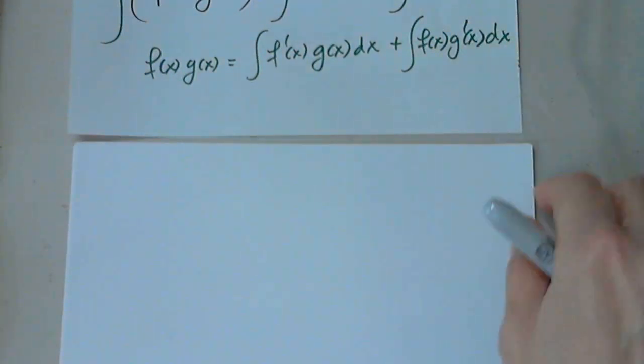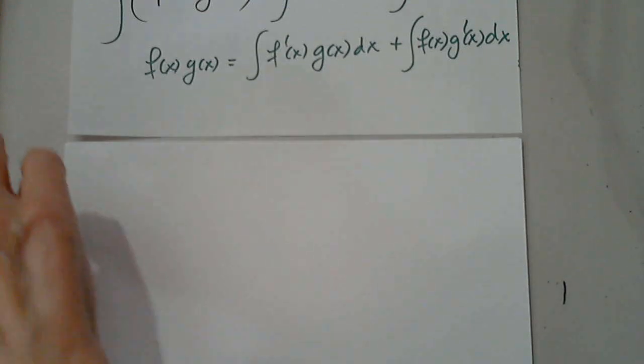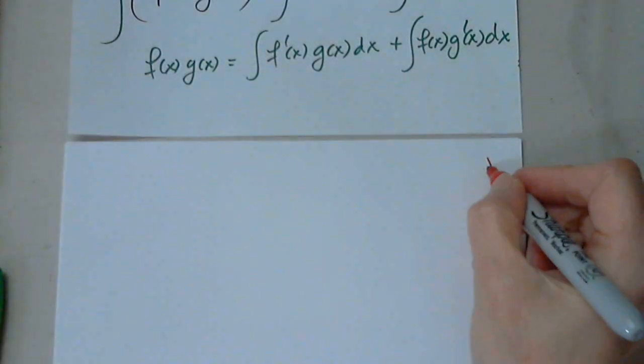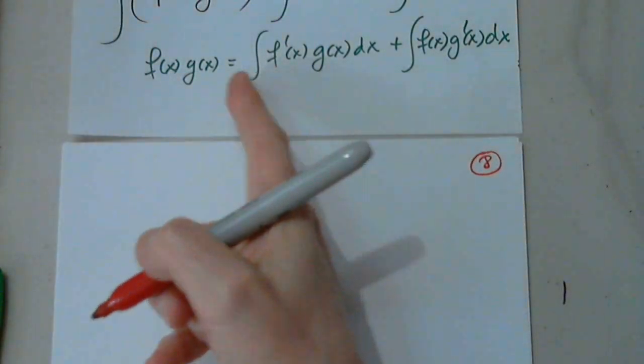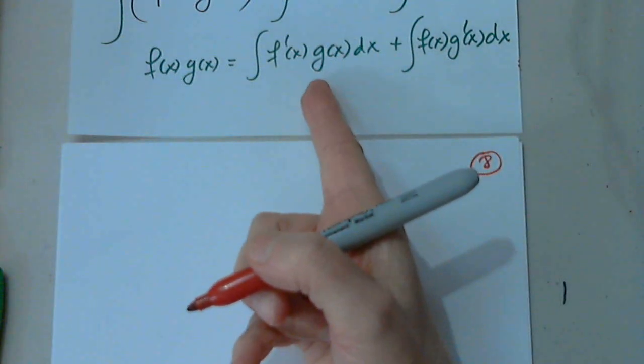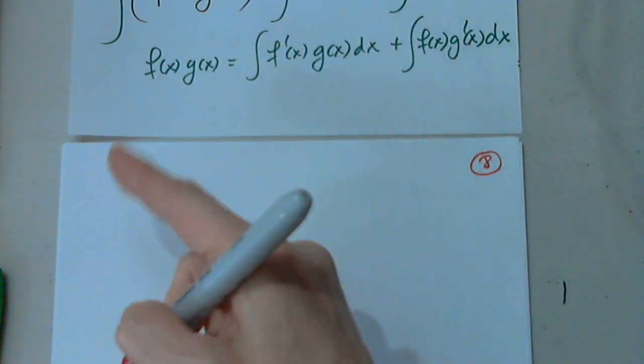Okay, so I think I'm on page, what page am I on? 8. Okay, so I'm going to solve this equation for this, moving this integral to the other side.